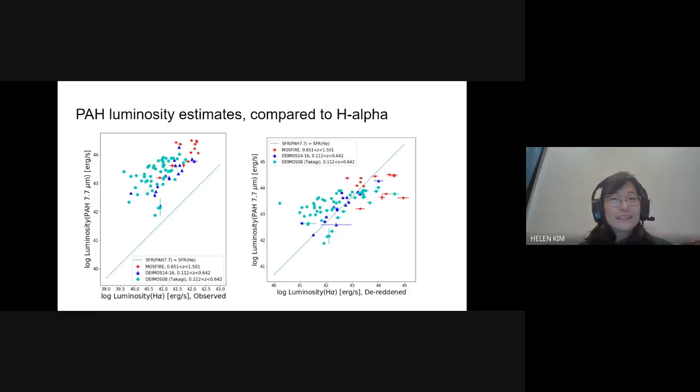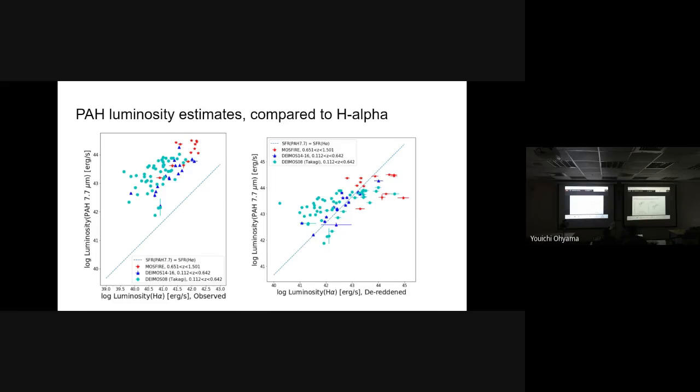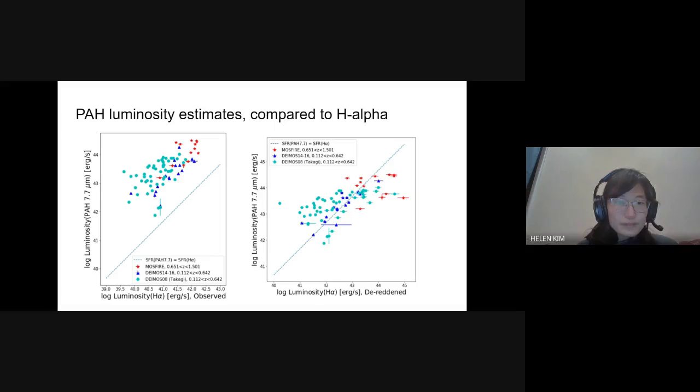Right, so those aren't actually one-to-one. It's that the star formation rate of the PAH features is equal to the star formation rate of H alpha. But on the plot, I'm showing the luminosity. Is this expected? I think so.